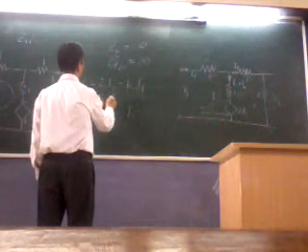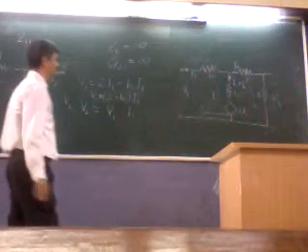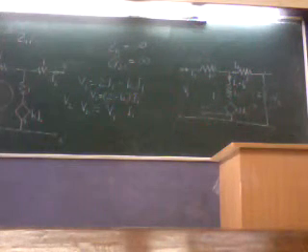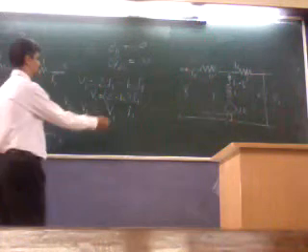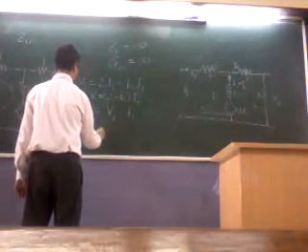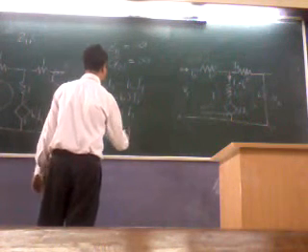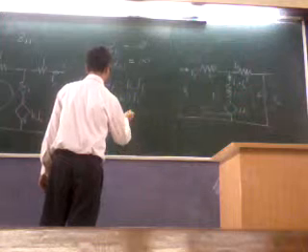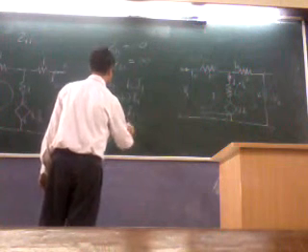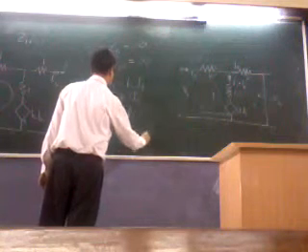V1 is equal to 2 minus K times I1, so I1 is equal to 1 upon 2 minus K times V1.